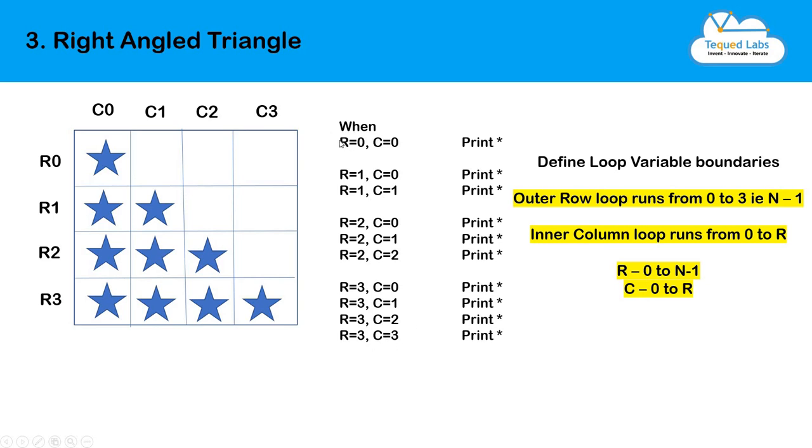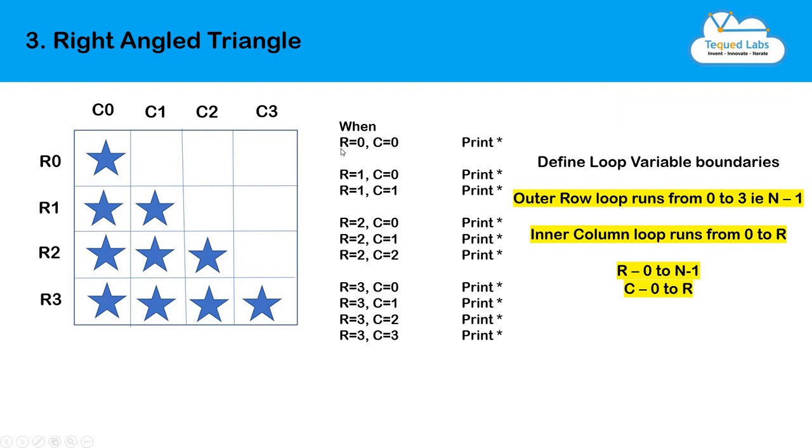See, in the first case, when R is 0, C is 0. When R is 1, C is going up to 1. When R is 2, C is going up to 2. When R is 3, C goes up to 3. So what is the logic that we can derive from this particular pattern?